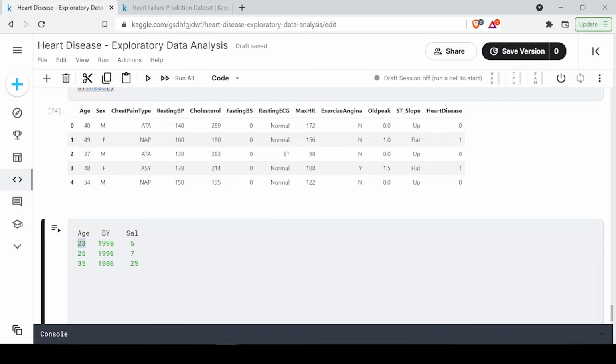If we have a kid whose age is 3 years, his birth year would be 2019 or 18. Salary is obviously going to be 0. So the more age a person has, the lesser birth year he will have. From here we can analyze it as well.